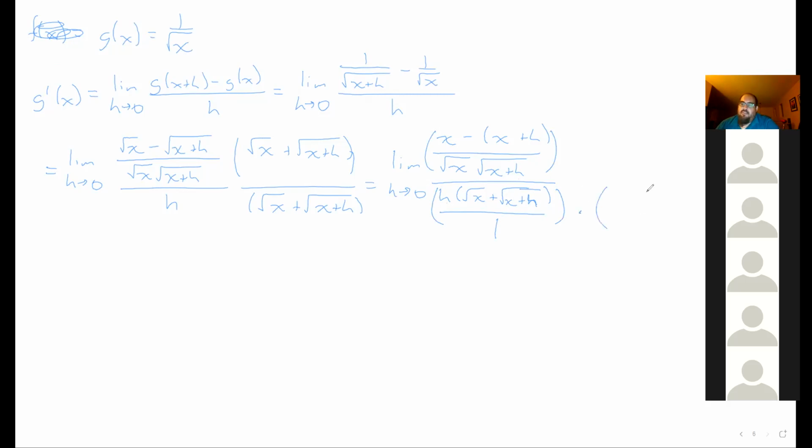I can clear this nastiness with a compound fraction by multiplying both numerator and denominator by 1 over h times radical x plus radical x plus h. It has the benefit of canceling all of this entirely.